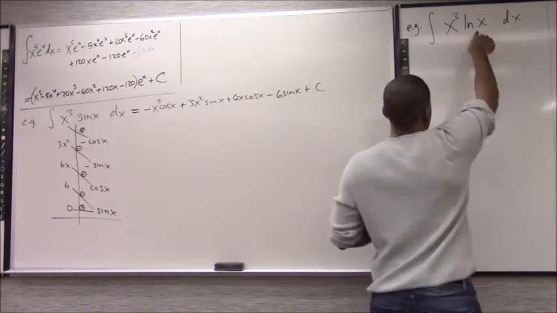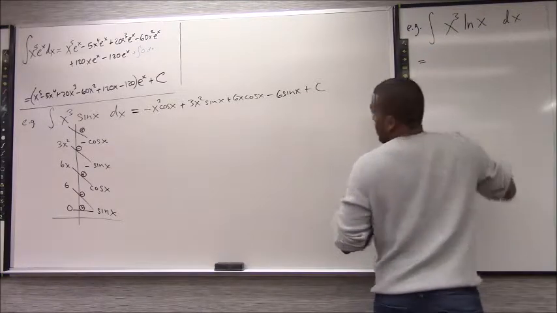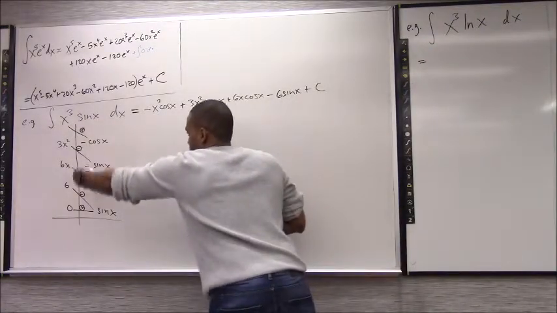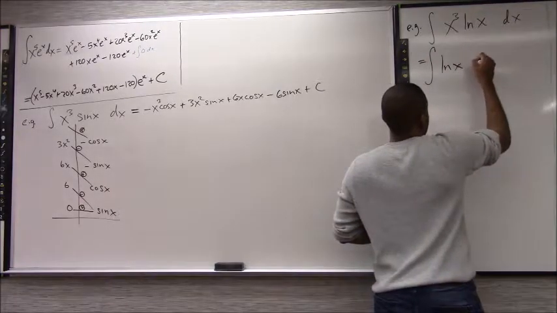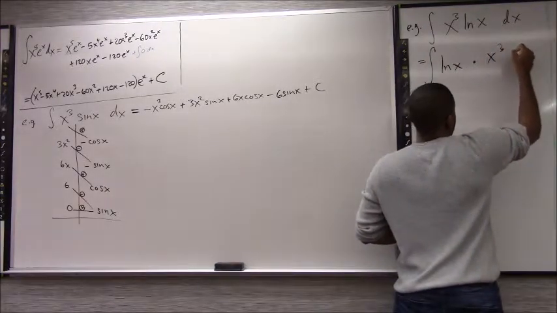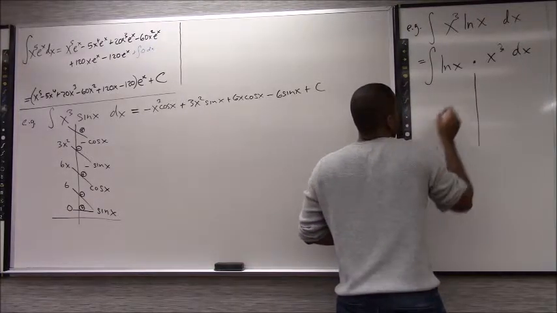Okay, so let's say you had to do that. In this case, your u would be the ln, right? So one thing you could do is, because the way this is set up, the u is on the left side, you could just rewrite this. And then you start to differentiate.